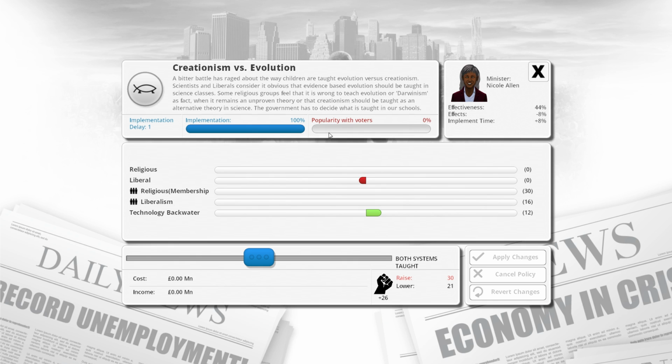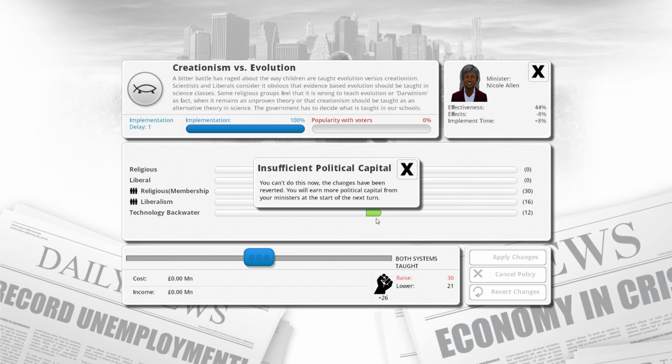Does this mean they are not happy with how it's done at the moment, or don't they like the policy at all? But this one is a policy you can cancel. But I think that we are going to set it to evolution only because it costs us nothing and it's good for our technology backwater.